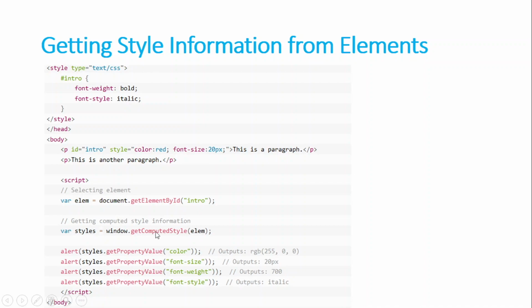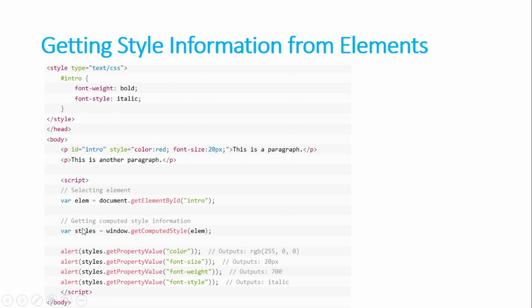So now window.getComputedStyle, with the element we provided to it, will give you all the style information, whether it be color, font size, font weight, font style, everything you will be getting.